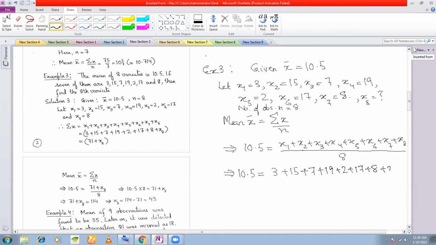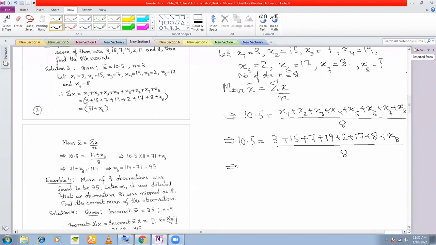And x8 you don't know, so you write x8 as it is. Means 10.5 is equal to, you add up all this, you will get 71 plus x8 divided by 8. Now this is an equation, simple equation, a linear equation, which you can solve.